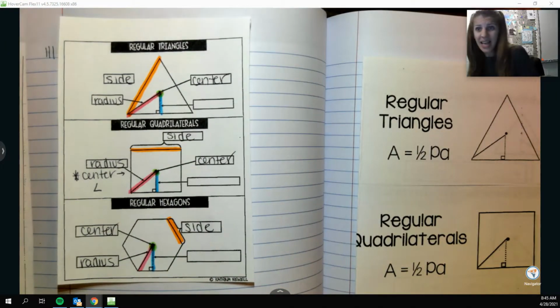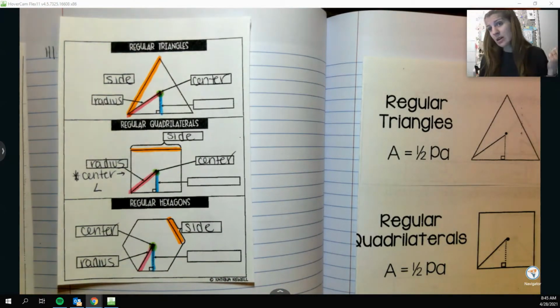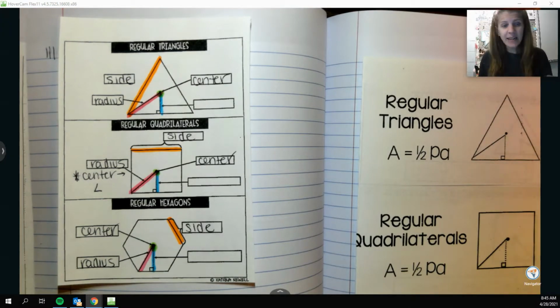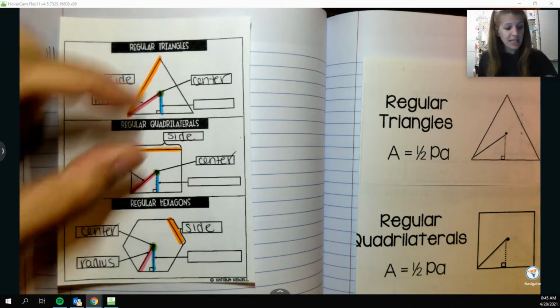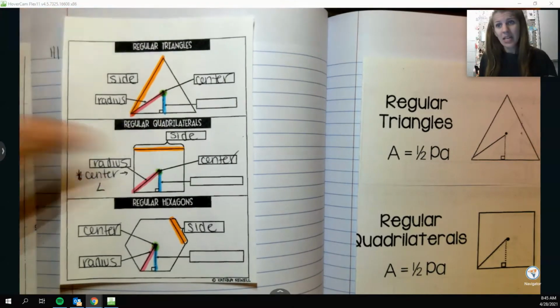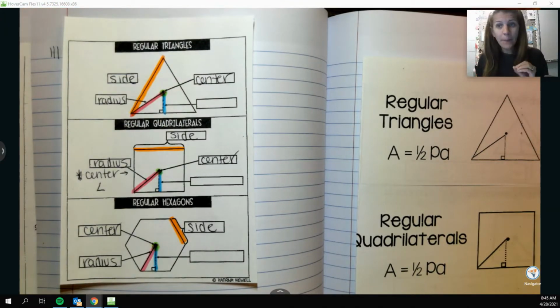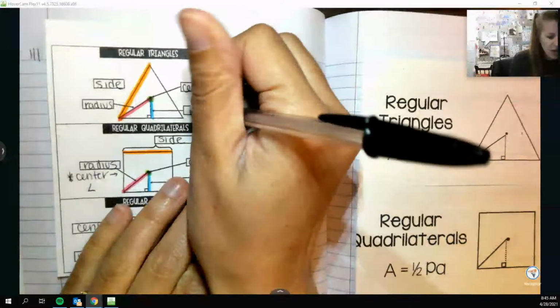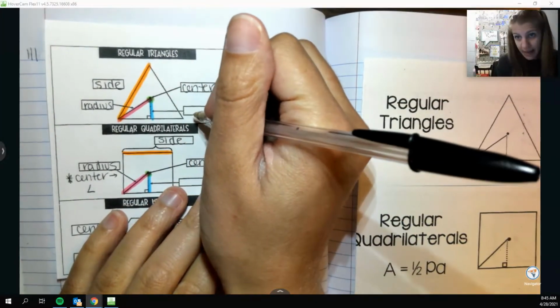If you think about it, it's got that 90-degree box. Height's got to have a 90. The only problem is it's not the full height of the shape, so I can't call it a height. So I give it a new name, but it is kind of like a height. It's really the height from an edge to the center, and we call this an apothem.